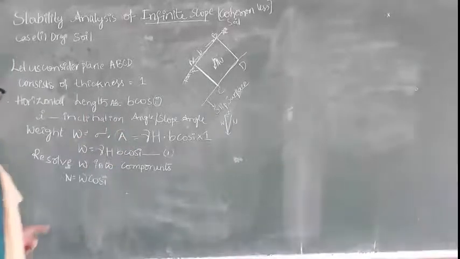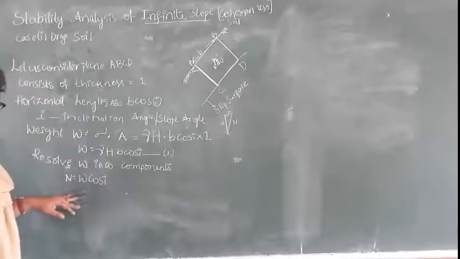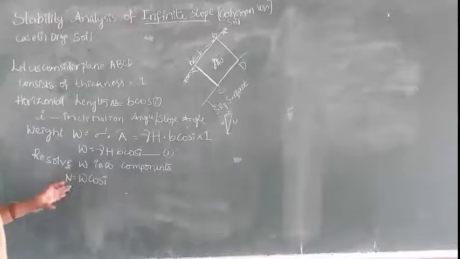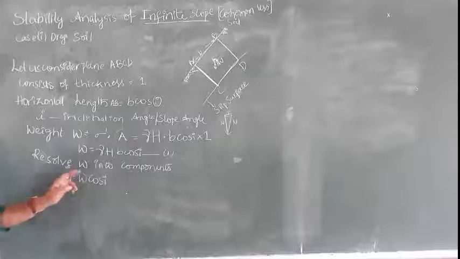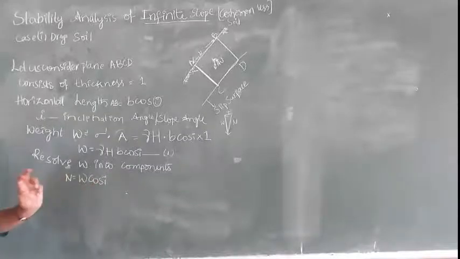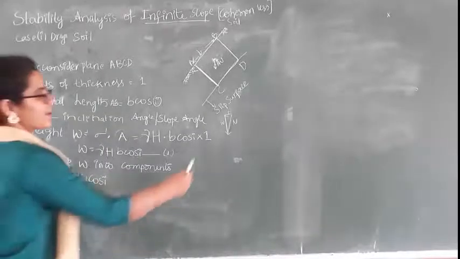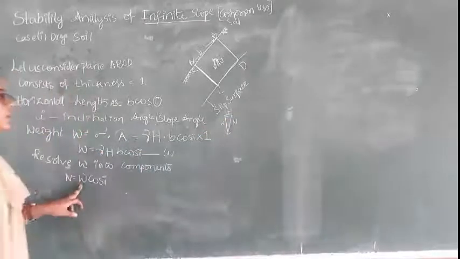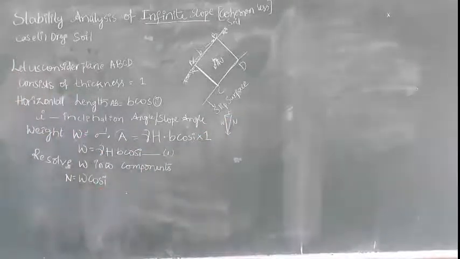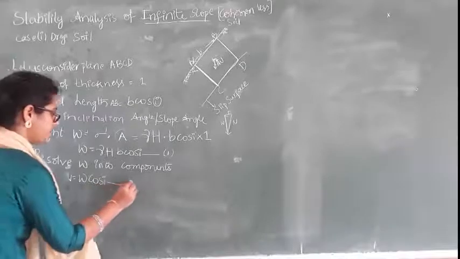So we are writing the equation for the normal component in terms of weight. From the diagram, you can see the normal component N is equal to W into cos I. Consider this equation to be 2.